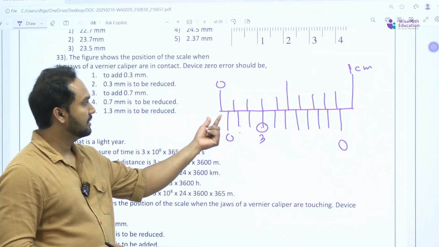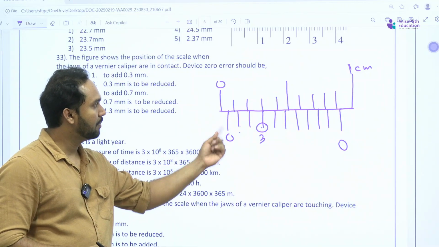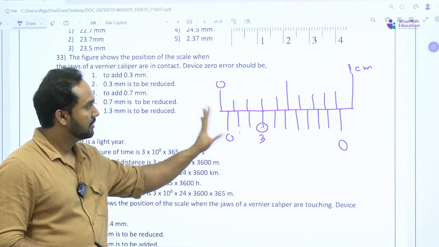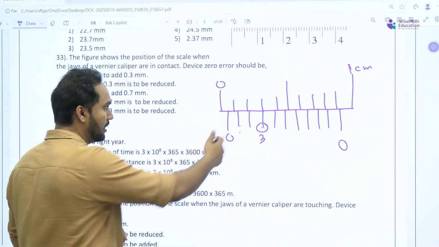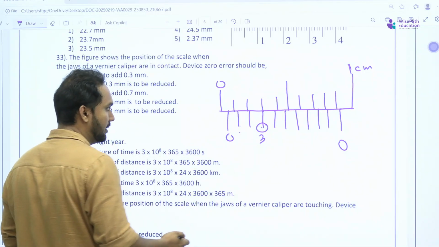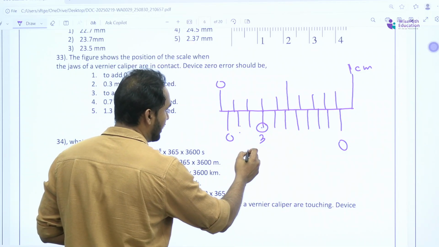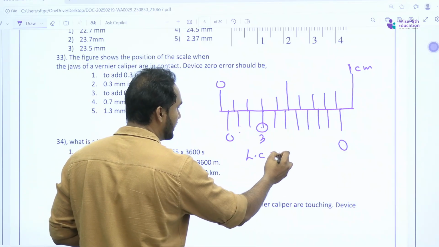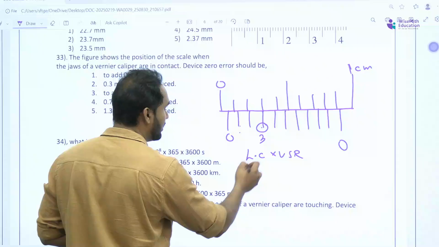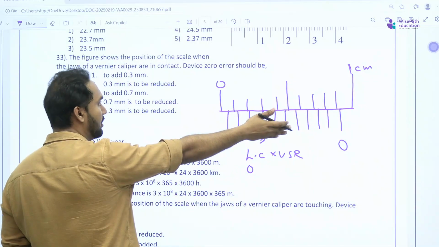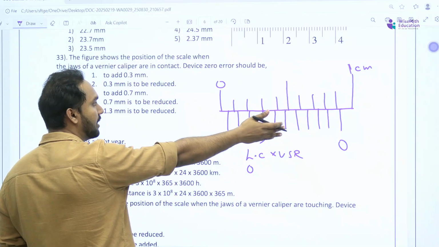Now the 0 hasn't passed any of the main scale values, so the main scale value is 0. So you don't have to calculate it anyway. You are taking the vernier scale value, right? The vernier scale value is least count into vernier scale reading, isn't it? The least count isn't given, but you can tell it by looking at the diagram.